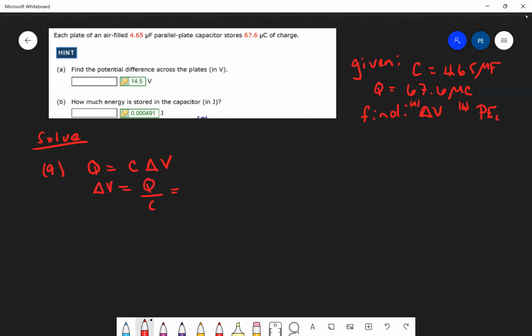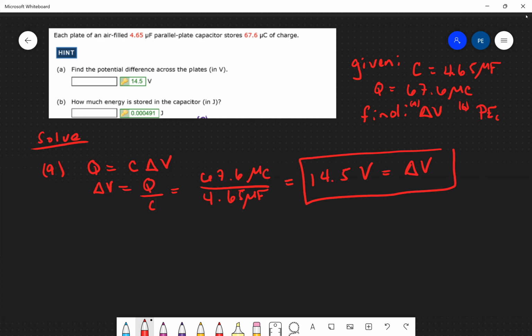I'm going to leave the charge in microcoulombs, 67.6 microcoulombs, divided by the capacitance, which I'm going to leave in microfarads, 4.65 microfarads. When I do the math, I get 14.5 volts. This is my potential difference.